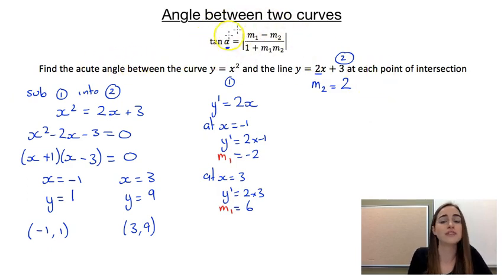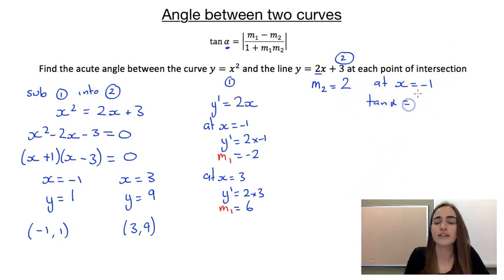So we're going to have to use this formula twice. Let's go at x equals minus 1 first. We have tan alpha equal to the absolute value of m1, which was minus 2, minus m2, which is 2, over 1 plus m1, which was minus 2, times m2, which was 2.